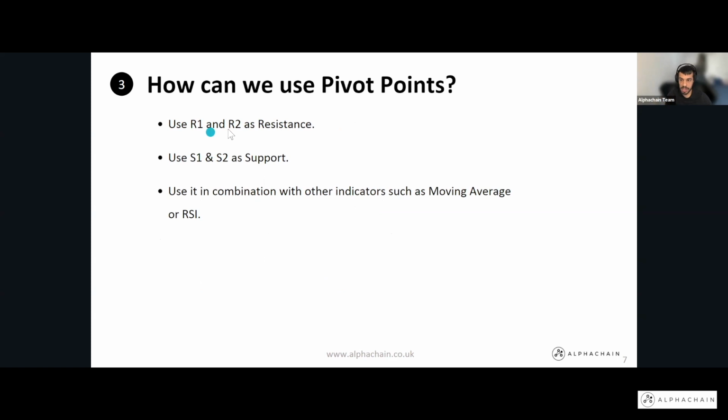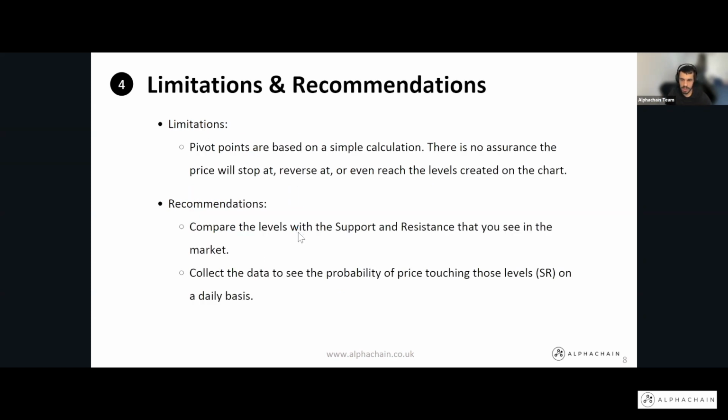So R1 and R2 or S1 and S2 can be used as support and resistance as well. A good way to do it is to combine it with other indicators, or even basic support and resistance or trend lines, to see if there is any confluence with it.